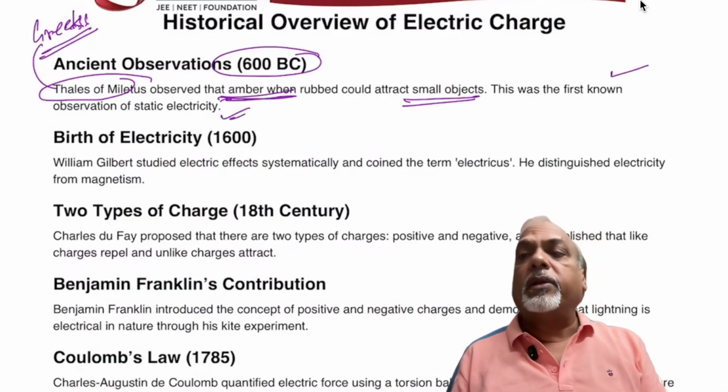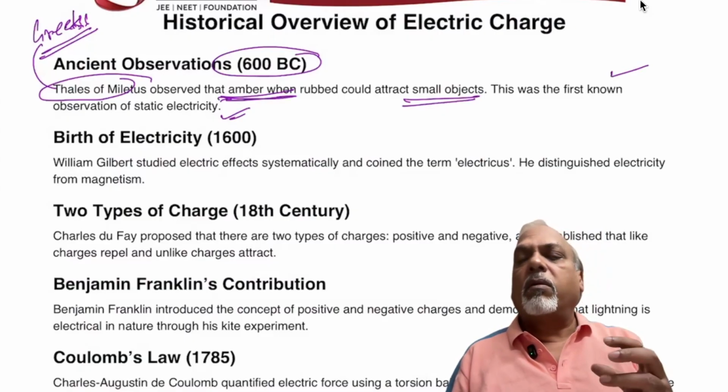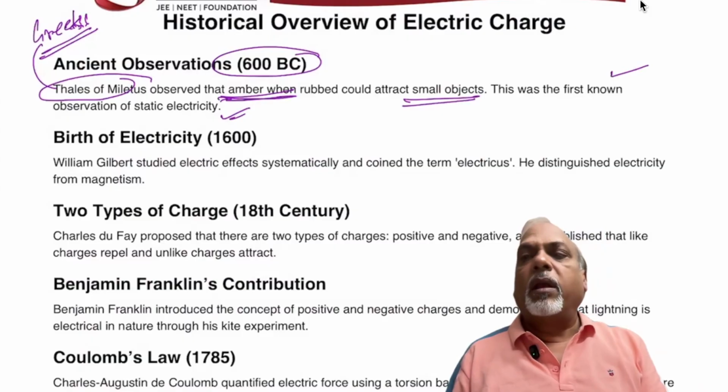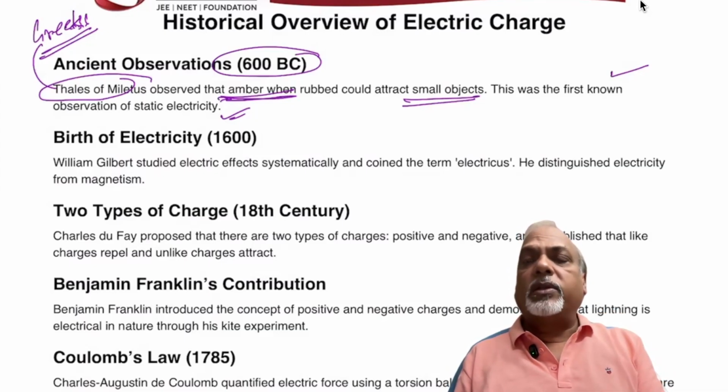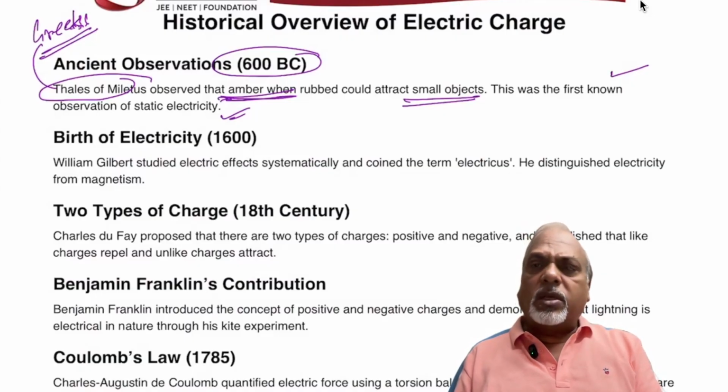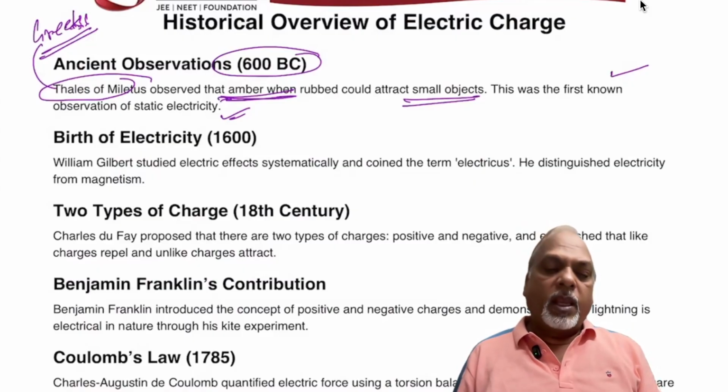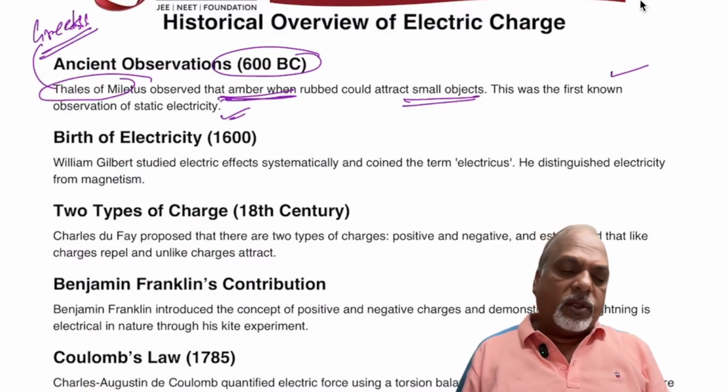regarding static electricity. Means they found there is something more there. Why is this amber able to attract the small objects after rubbing? So this was the first development. Now, the birth of electricity you can date back to 1600.